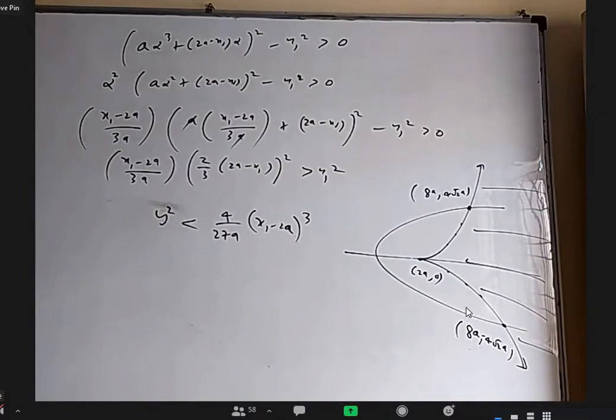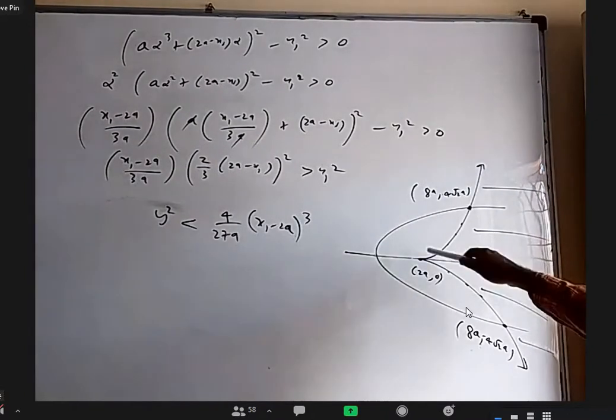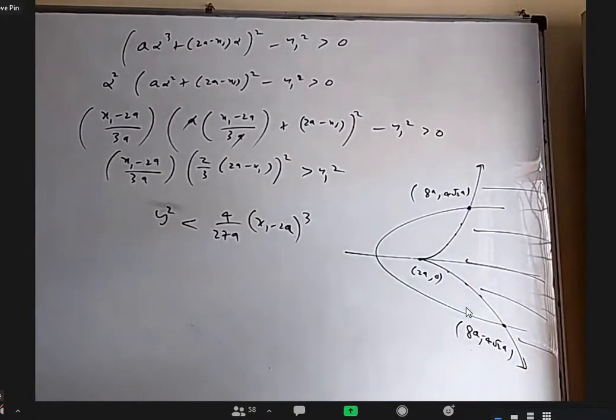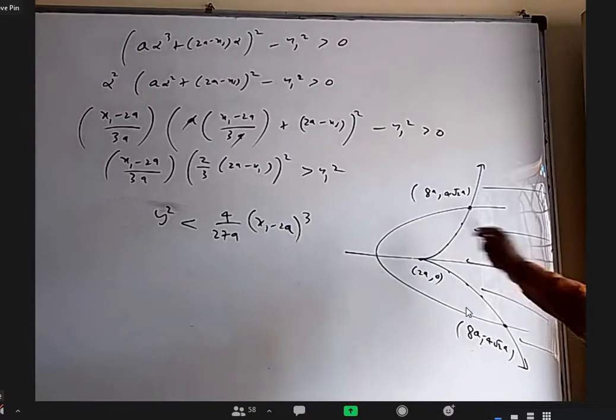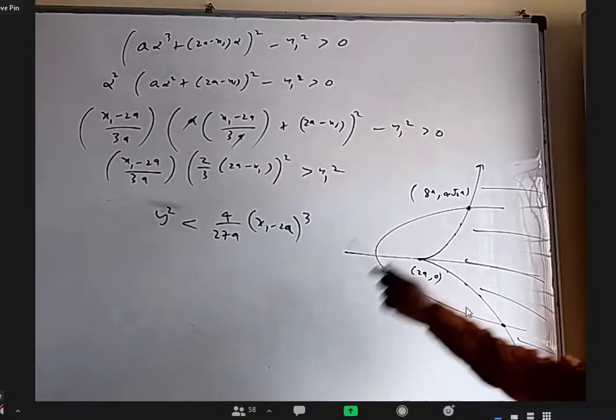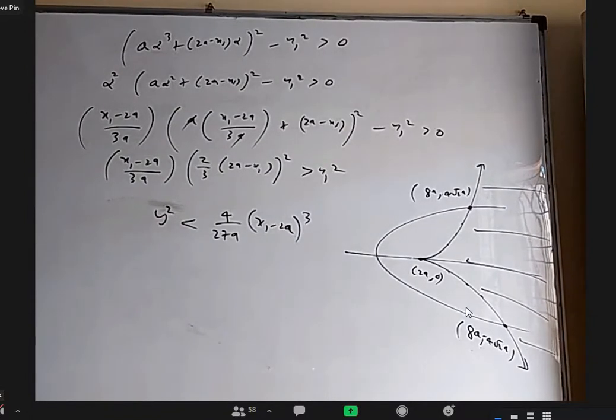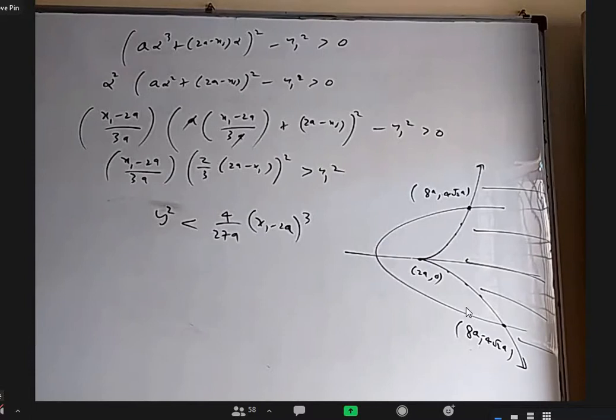So that is a transition. You take any point on this, the number of normals will be 2. Anything on the right side here, the number of normals will be 3. Any point here, only 1. Okay, this question is not a simple question, so don't worry if somebody is not so happy.